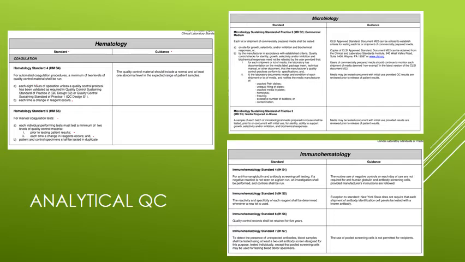This is a standard in microbiology. You can see that these are just different examples of the same thing. This is one for QC of commercial media. We have to test all the media to make sure that it functions the way it's supposed to, with few exceptions.